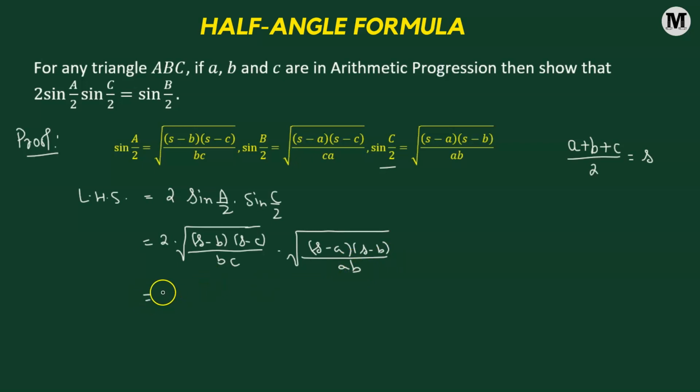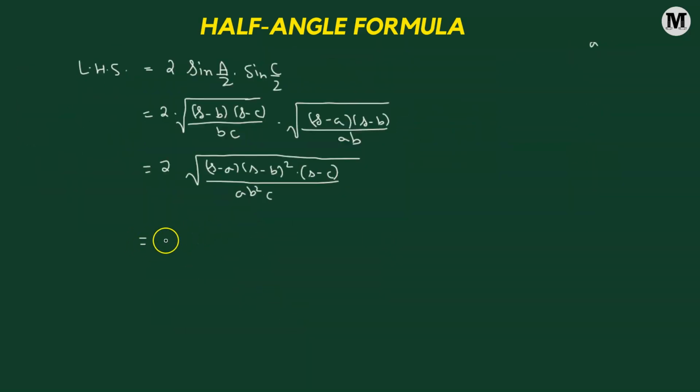So that will be equal to 2 times the square root of (S minus A) times (S minus B) squared multiplied by (S minus C), whole divided by AB squared C. Fine. Now we have 2 times (S minus B) divided by B, multiplied by the square root of (S minus A) times (S minus C), whole divided by AC.